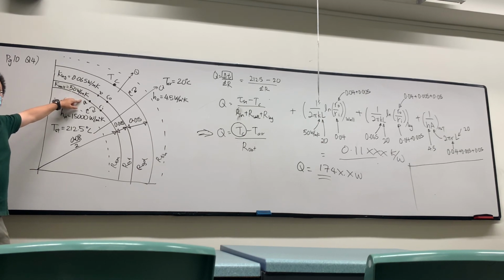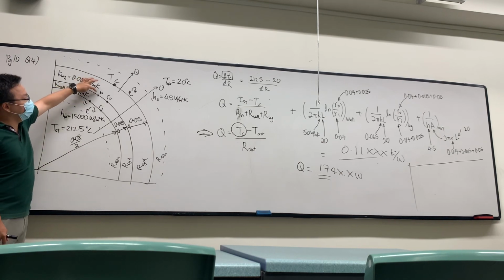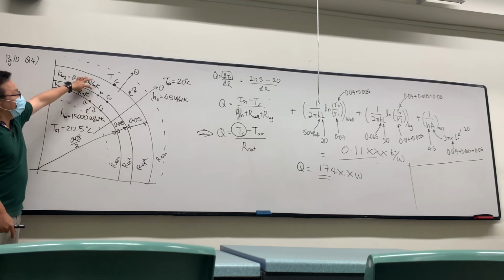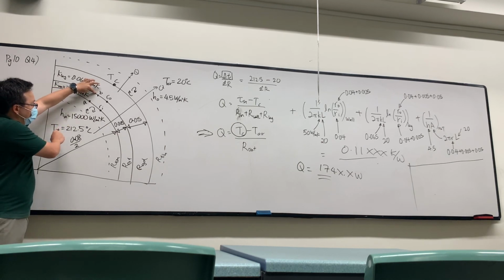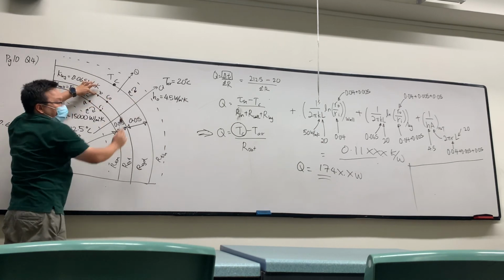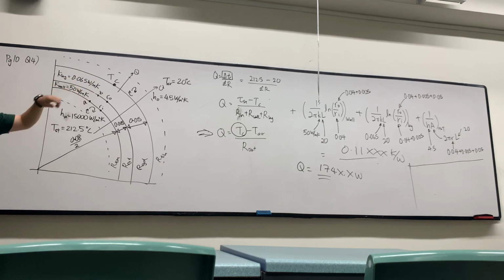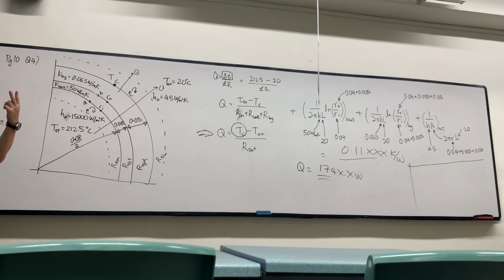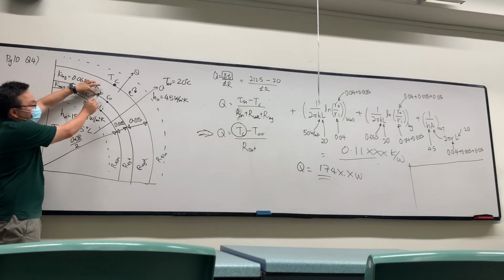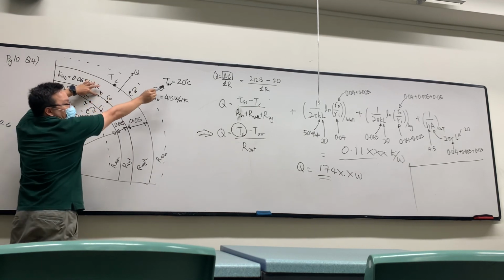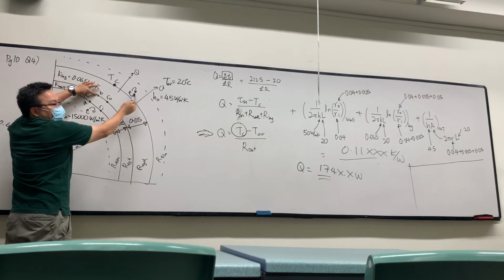Even if I find TB, if I use TC minus TB and TB minus TA, is it the same amount of effort? Yes, because both are 2 layers. TC minus TB has 2 layers, and TB minus TA also has 2 layers.